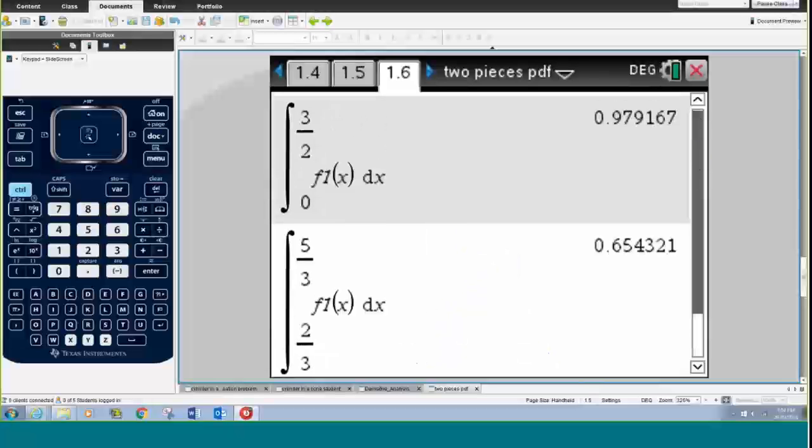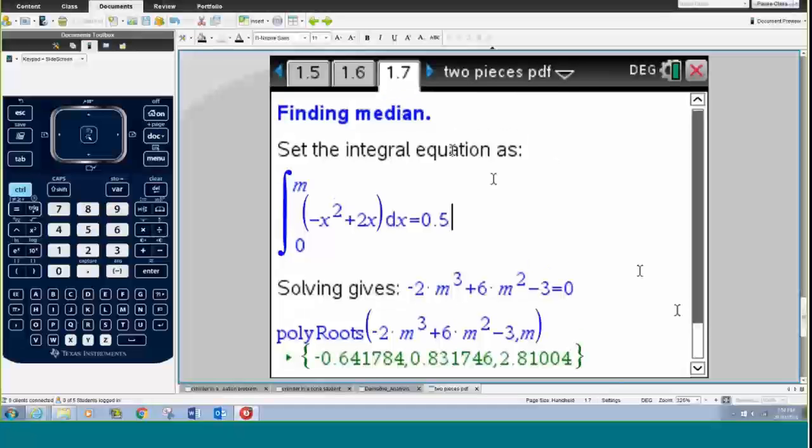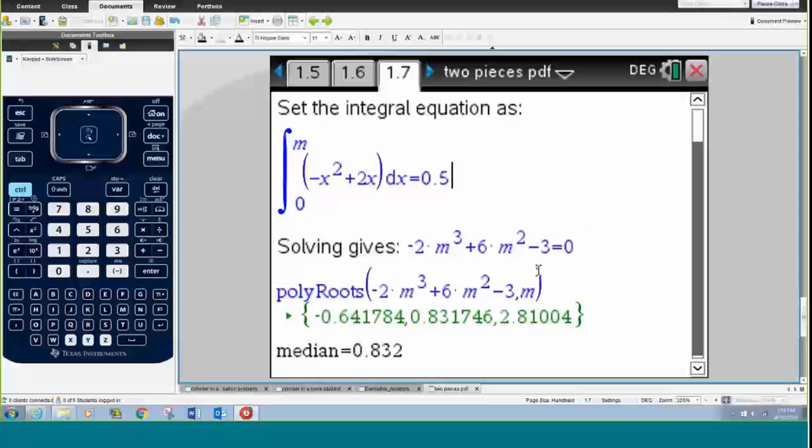Then to calculate those two probabilities, since our function is defined, you just need to use a definite integral from 0 to 3/2 and 2/3 to 5 on 3 to find the required probabilities. Now, if we want to find the median, of course, the calculator will not solve with m as the upper limit because it's a non-case, so they will have to do it by hand to arrive at this cubic equation, and then they would need to use polyroots, which gives us 3 solutions.